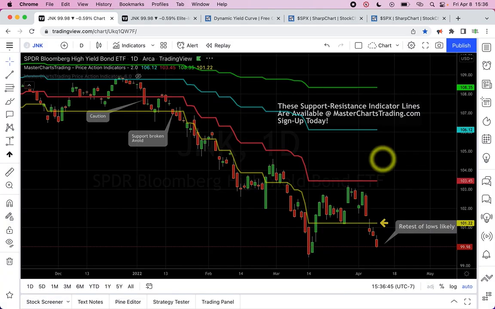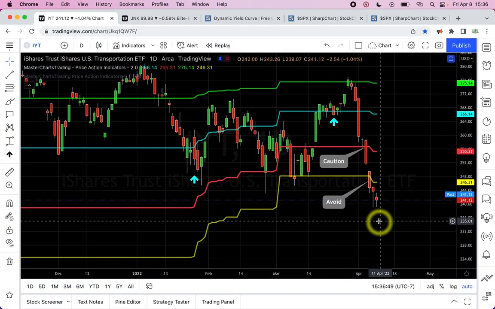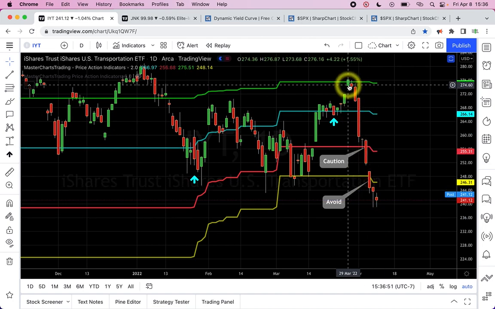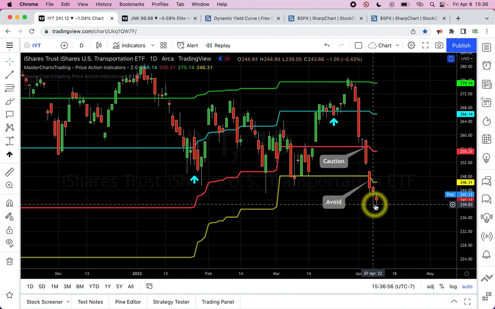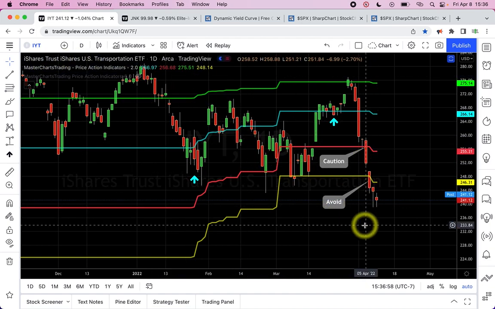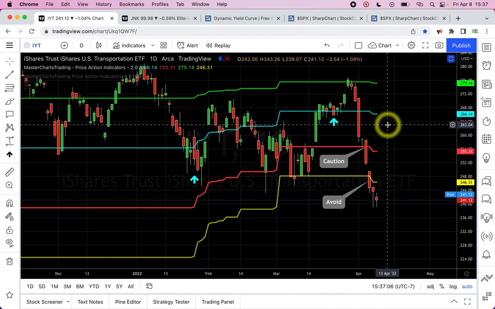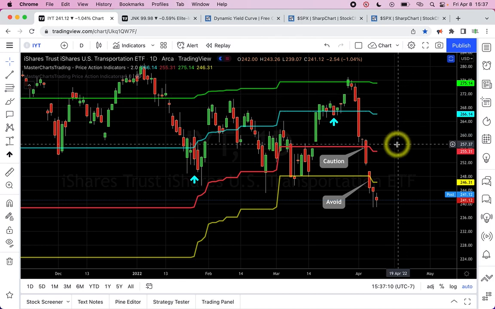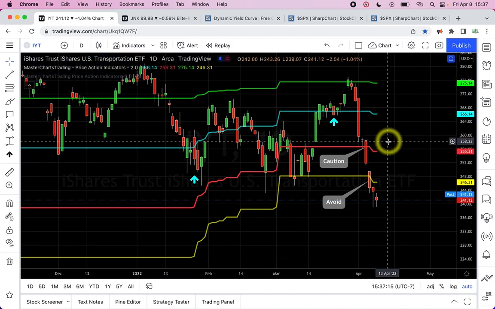In fact, I'm going to show you one more. IYT, transportation sector, just completely unraveled. Look at this move to the downside. And the transportation sector is important, especially if you're a Dow Theory subscriber, where Dow Theory says that if the Dow Jones is moving in one direction, then the transportation average should be moving in the same direction.